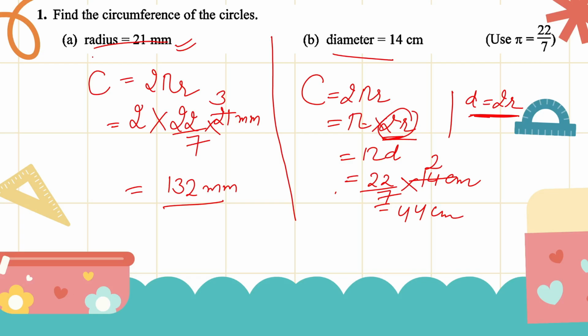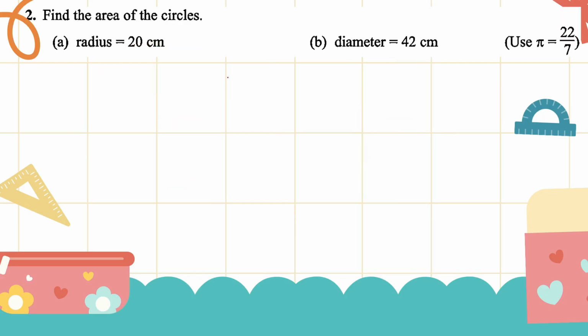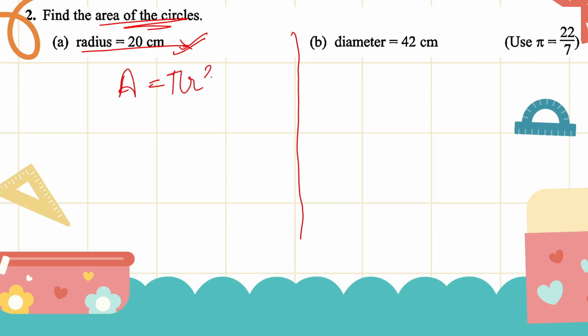Understand? I hope you understand this sum. We will move to the next, the second sum. Again 2 parts, and we will divide this slide in 2 parts. Given is the radius equals 20 centimeter. Area we need to find. I have already told you the formula is pi r square, and we know the value of pi, that is 22/7.